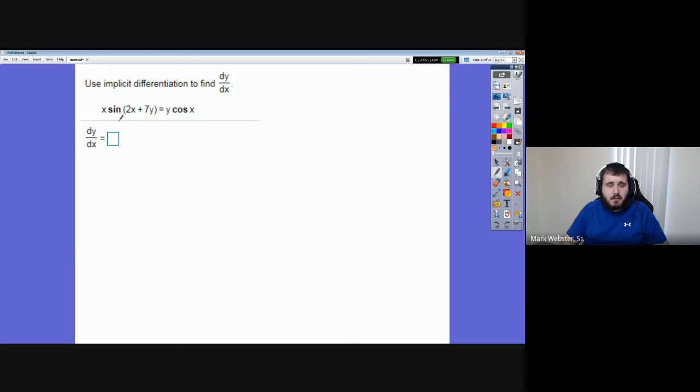Same thing. We're going to take the derivative of both sides. So left d right plus right d left. Derivative of sine is cosine. Derivative of the inside.